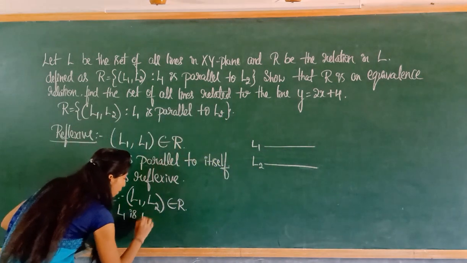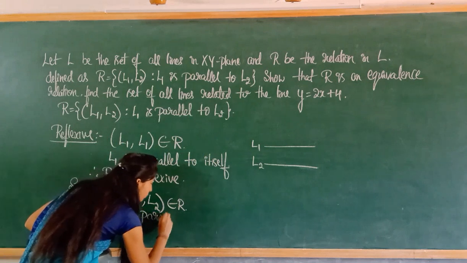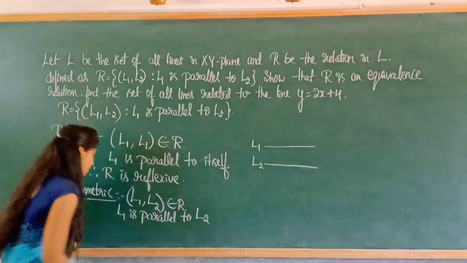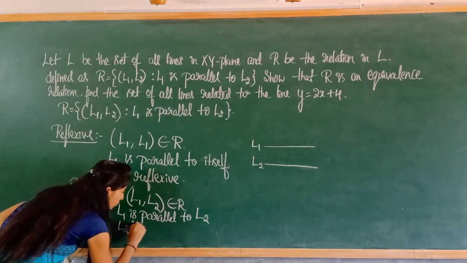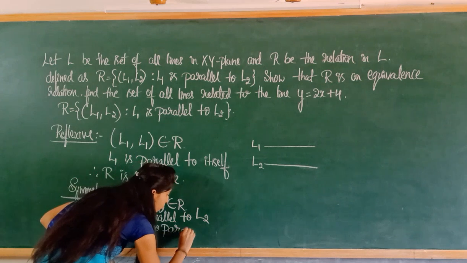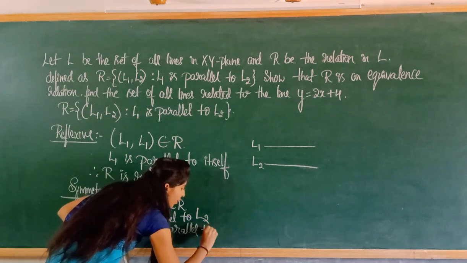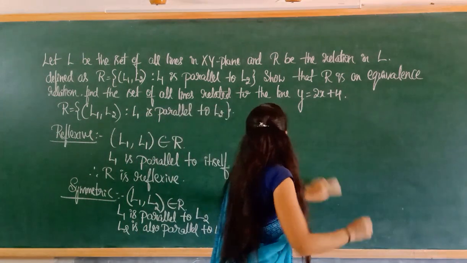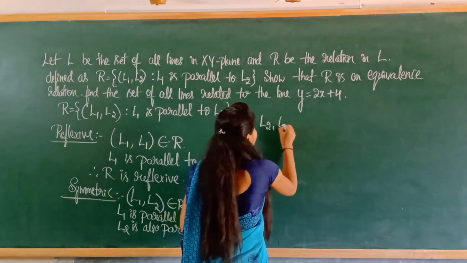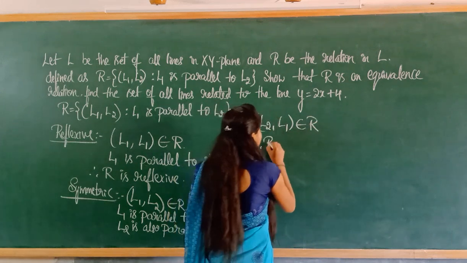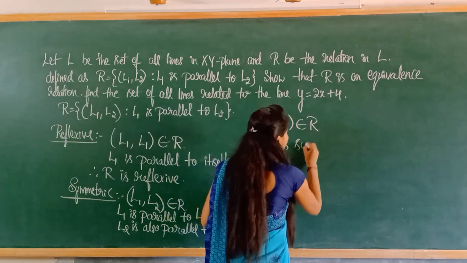L1 is parallel to L2, then L2 is also parallel to L1. So (L2, L1) belongs to R. Therefore R is symmetric. R is symmetric.